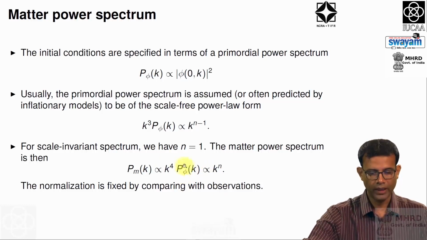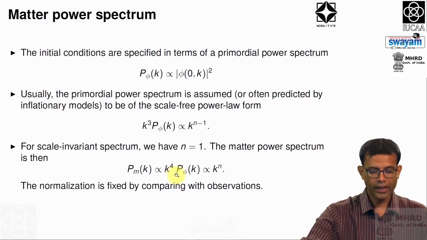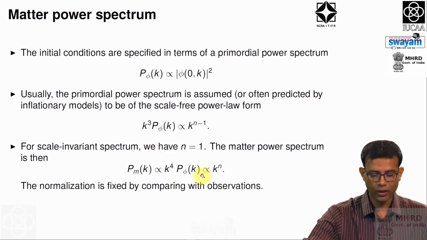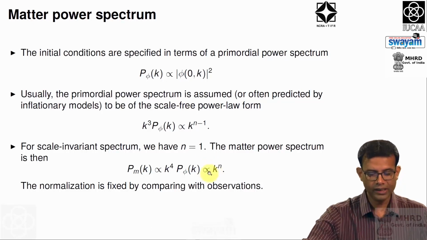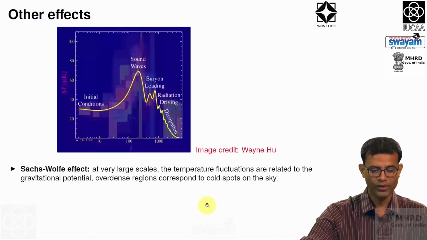So, that is how you pick up a factor of k to the 4 in the power spectrum, and then you can show that the power spectrum of density fluctuations or matter fluctuations will go as k to the n. Of course, there is a proportionality factor. So, there will be a normalization, and that normalization is also fixed by comparing with observations.